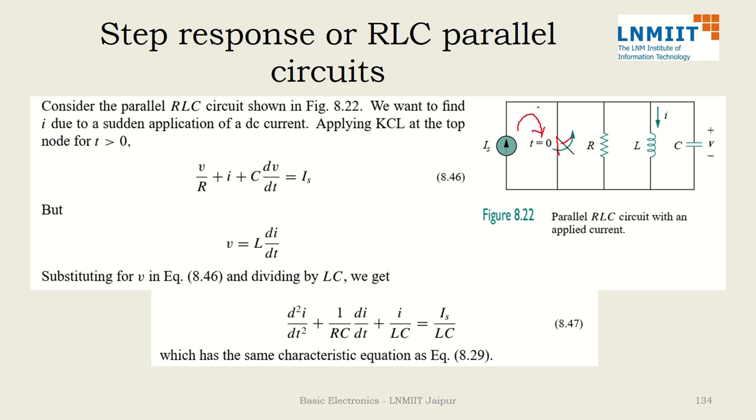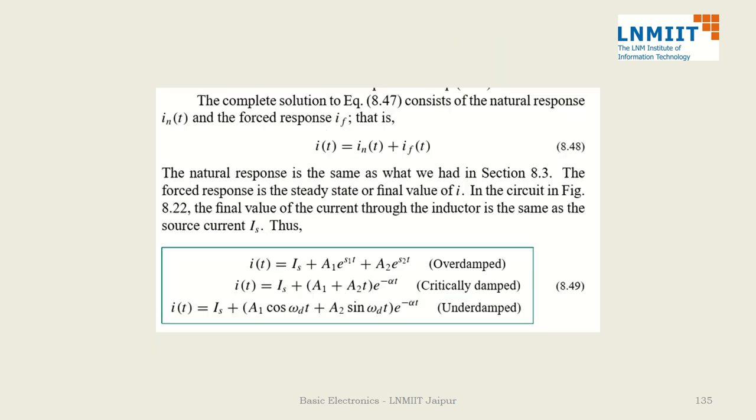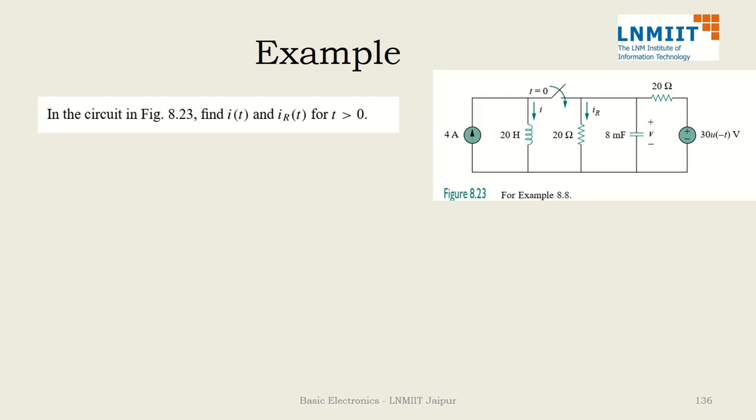When this is open, this current will divide into these three branches. That means IS is equal to IR plus IL plus IC. Get the equation. Again we say this is natural response, this is forced response. Natural plus forced is my total response.